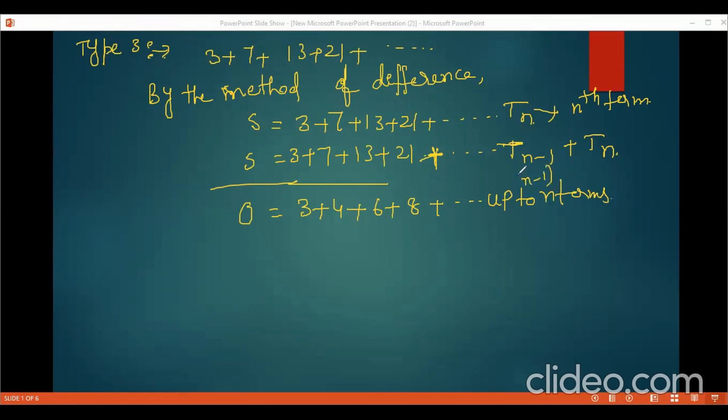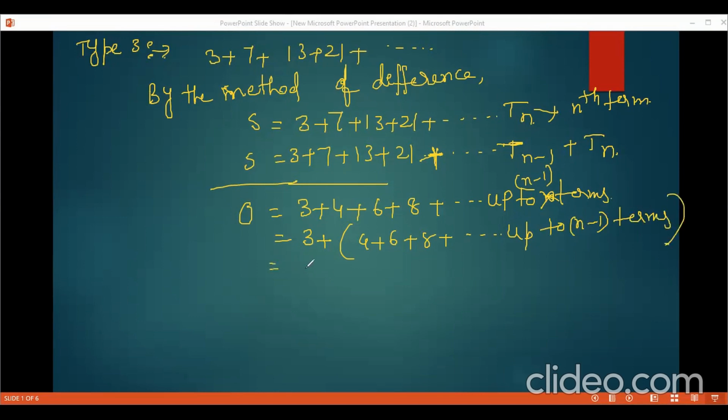Yes, n minus 1 terms. Now you observe, there is some AP here, only 3 is different. So I am keeping 3 outside and 4 plus 6 plus 8 plus so on up to n minus 1 terms, right?